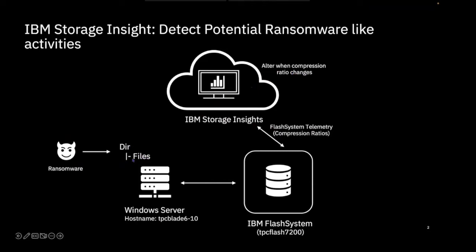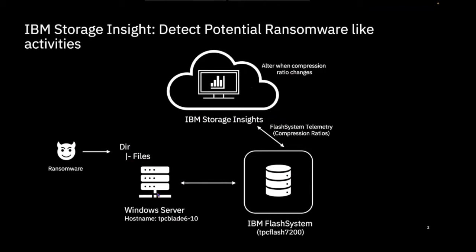An encrypted file is generally not able to compress. And so when a particular file that was already compressible has its compression ratio change, those are potential signs that there could be some malicious activity or a ransomware attack happening on those host servers. So this is what we will show you in the demonstration.